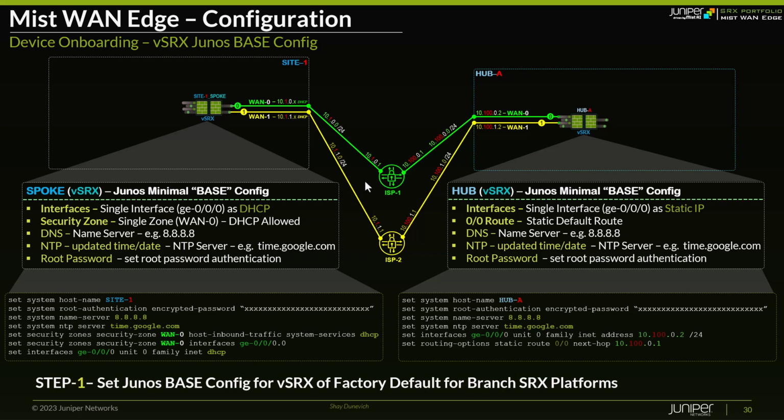Please watch my second video that will show you how to ZTP branch SRX platform devices, including the claim code and the default config that the device has out of the box.